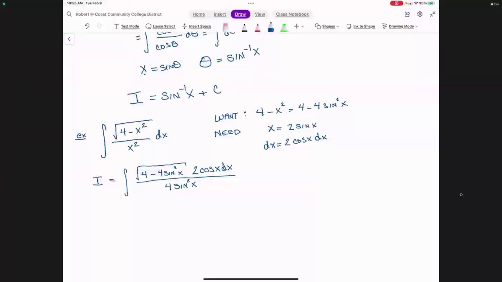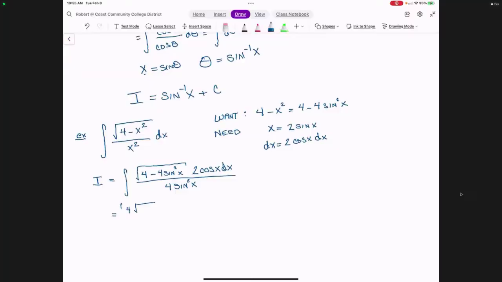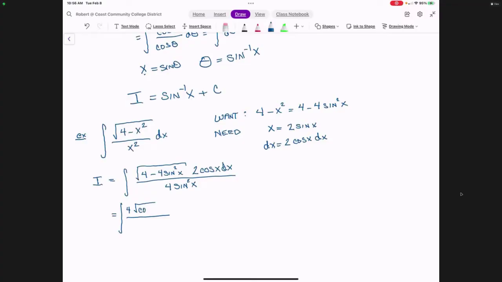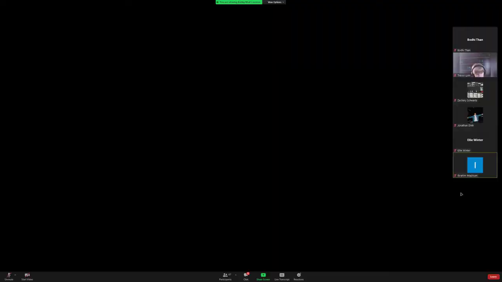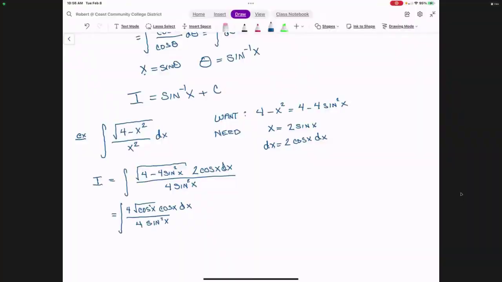All right, so now what's left for us to do is to clean all of this crap up. So that's going to be a 4 square root of cosine squared x, cosine x dx over 4 sine squared x.